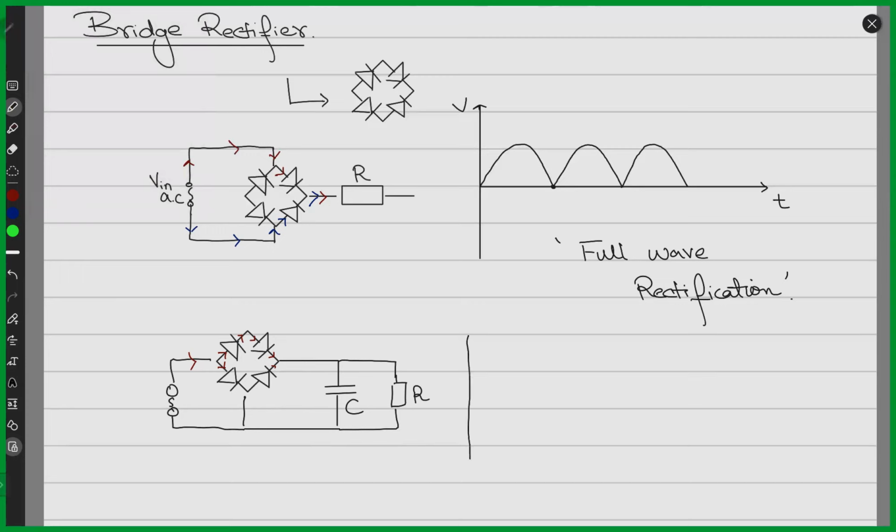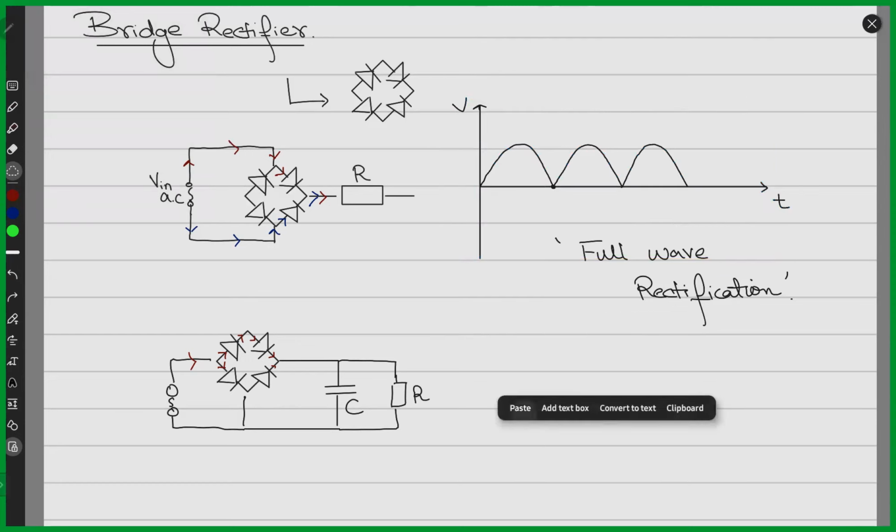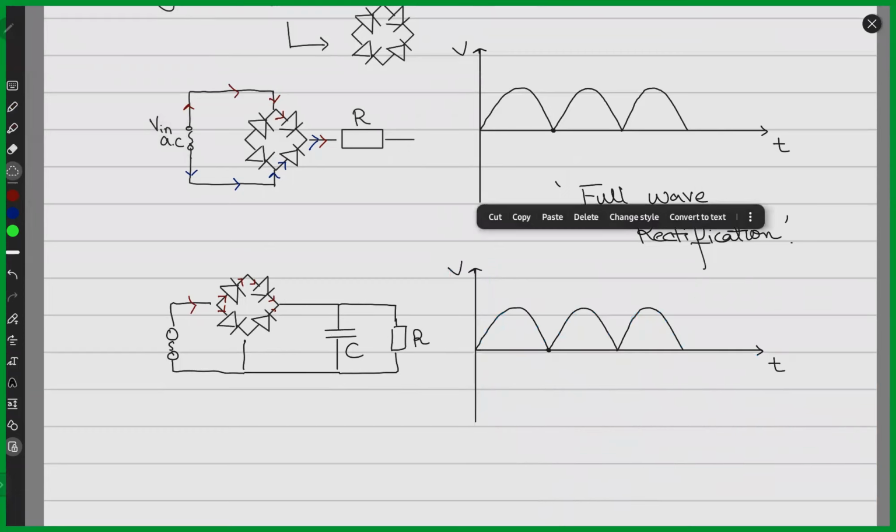So what happens to your graph? Let me just take the full wave rectification, and let's modify this graph. So this is what we have without a capacitor. Now I connect the capacitor, because the capacitor stores some charge, it's going to look something like this.